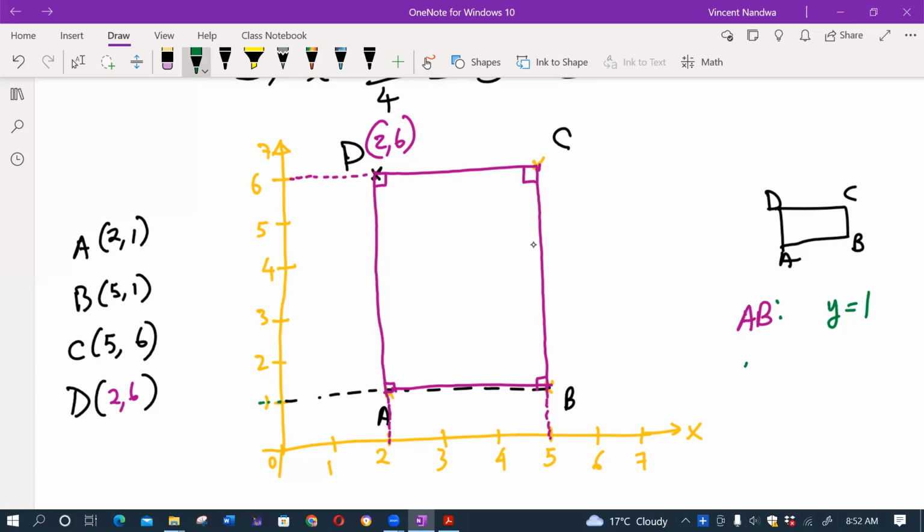Then BC. BC is a vertical line passing through x at 5. The equation for a vertical line is simply x equals the value where the line cuts the x-axis, so this will be the line x equals 5.